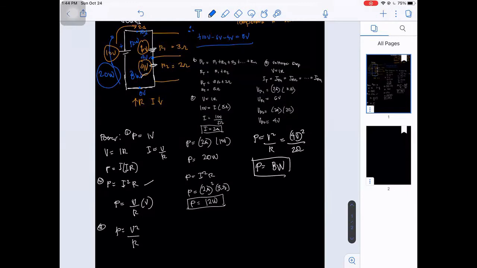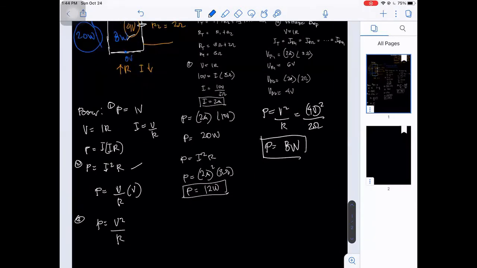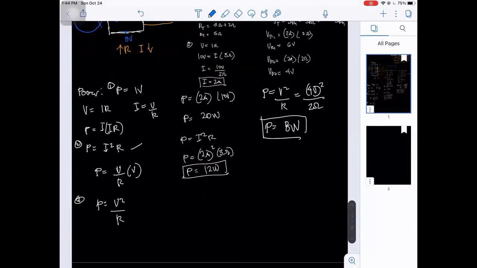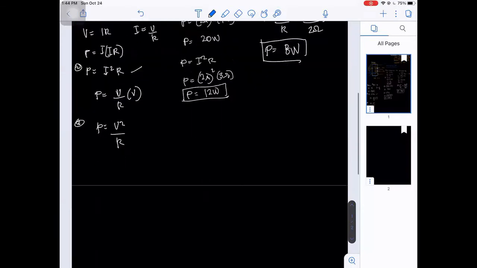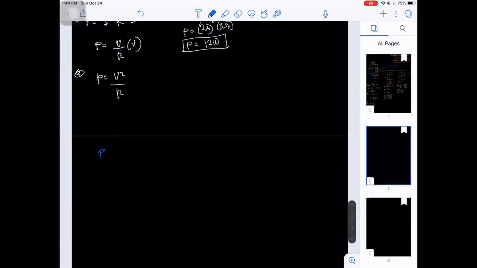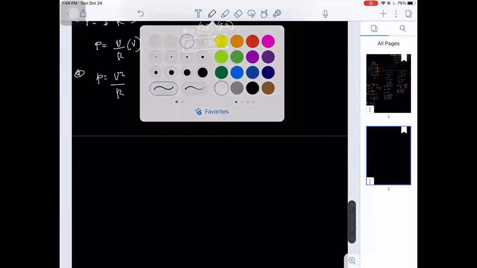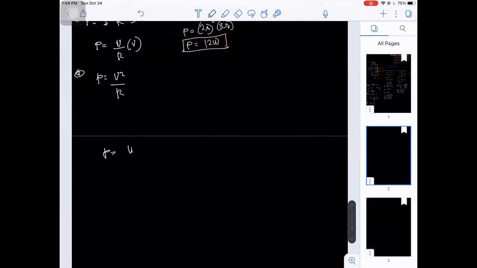Now, what is really meant by power? What is exactly power? Power can be described as work over time. So power is equivalent to work over time.